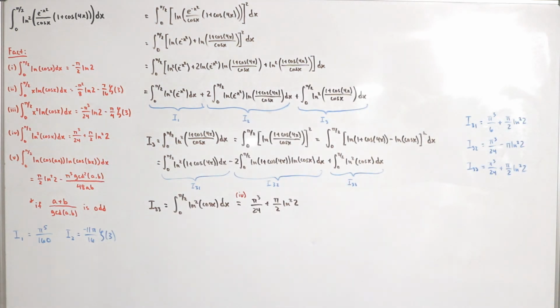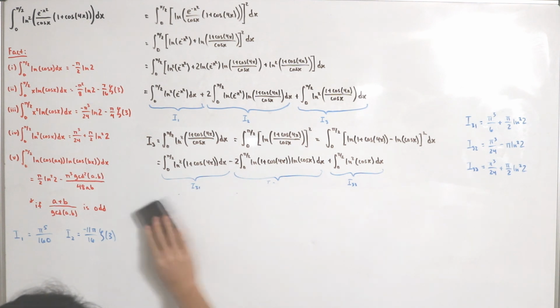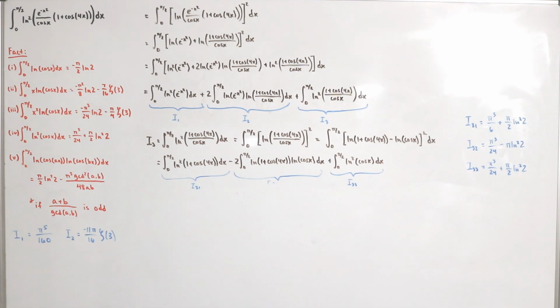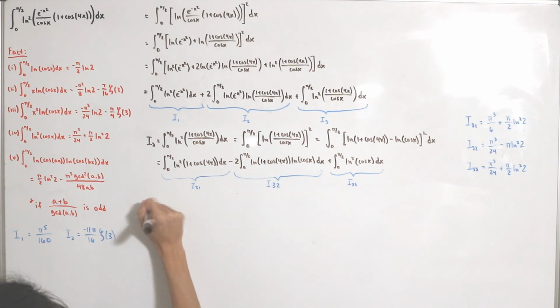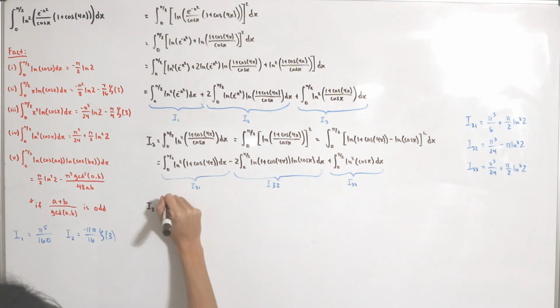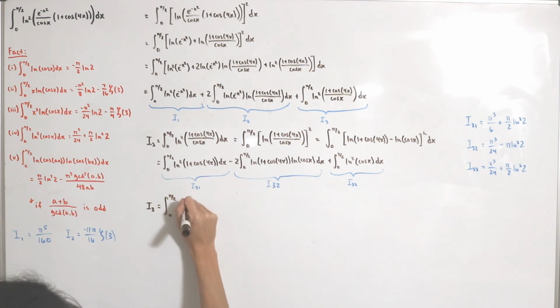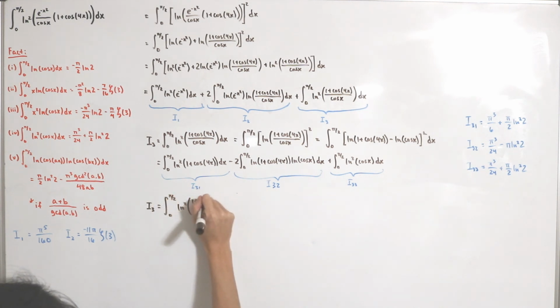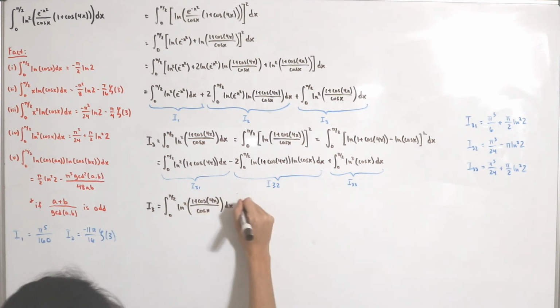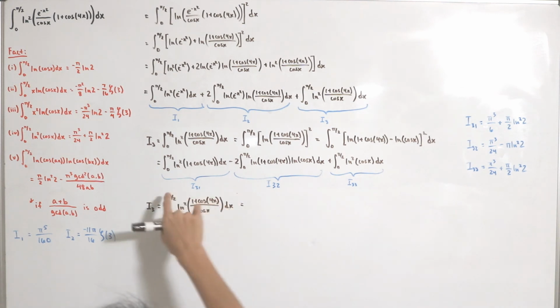Okay, so now we have our pieces. Now I can get rid of this. Did not mean to erase that. So going back to reiterate, I3 is equal to the integral from 0 to pi over 2 of ln squared of 1 plus cosine of 4x divided by cosine x dx. So simply plug in our values.